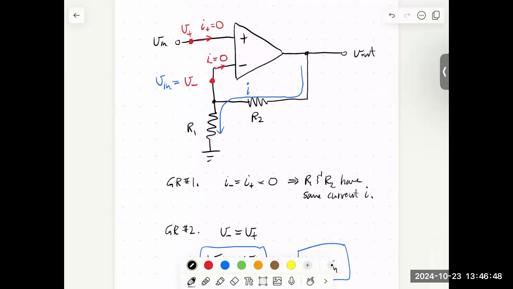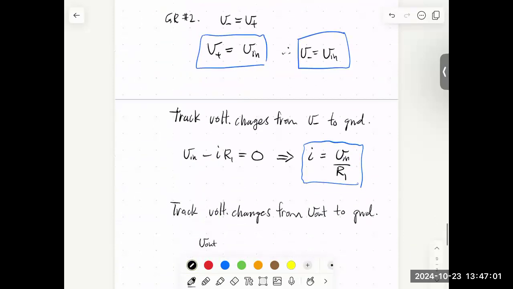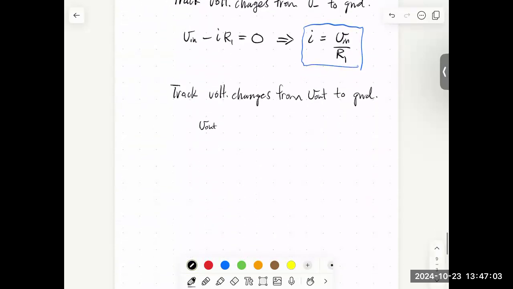Okay, so we start at V out, then we go through R2 in the direction of the current, so that's minus I R2. And then we go through R1 in the direction of the current, that's minus I R1. And so we get V out minus I R1 minus I R2 is equal to 0.